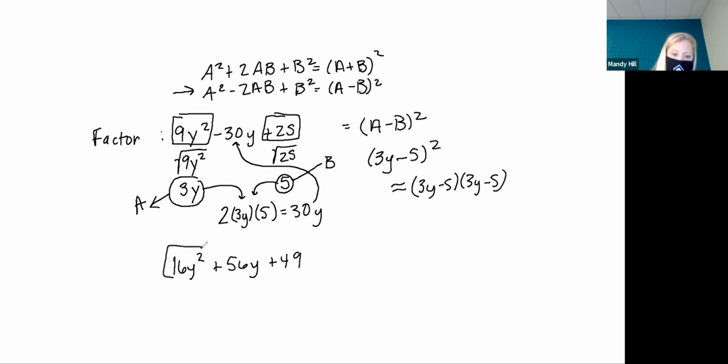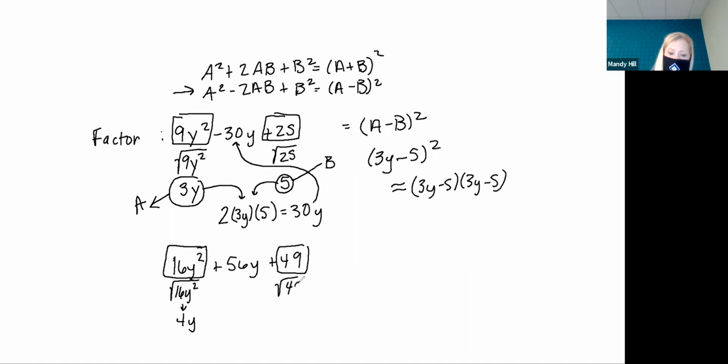Okay, first step, take the square root of 16y squared. Well, that is 4y, because 4 times 4 is 16, y times y is y squared. Then go to your last term and take the square root of it.